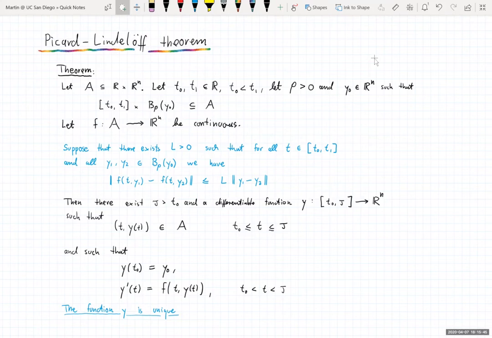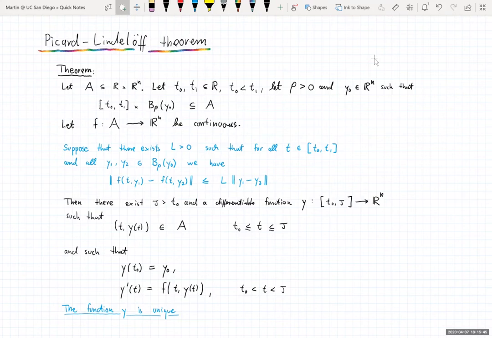What you see on the screen is the Picard-Lindelöf theorem, and I've highlighted the differences to the Peano existence theorem that you've seen a few moments ago. The theorems are somewhat similar, but in the Picard-Lindelöf theorem, we have got additional conditions on f.